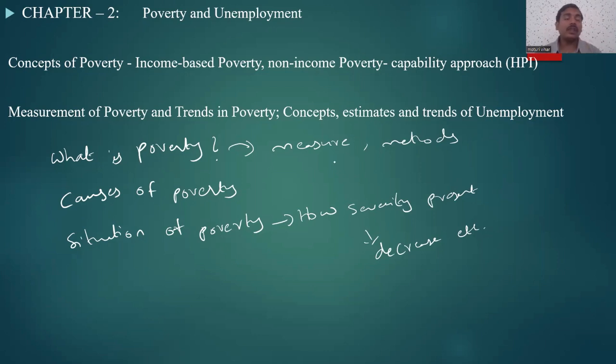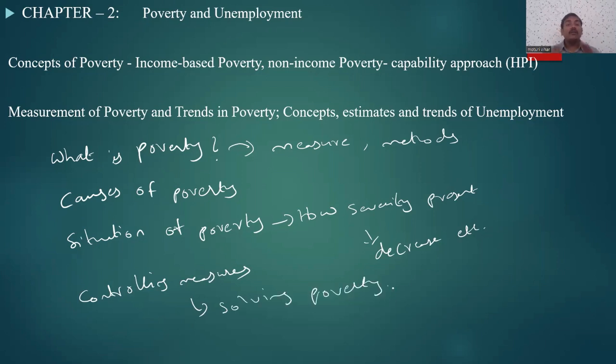And how we brought different approaches, what the situations are, and how to control poverty. So we will go for how to control poverty, the controlling measures. After controlling poverty comes solving poverty.